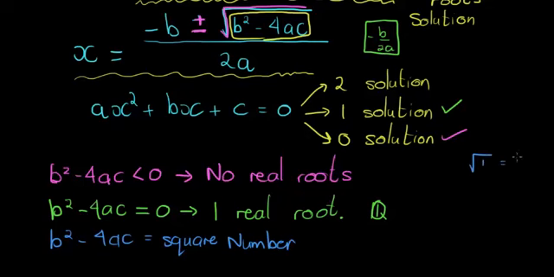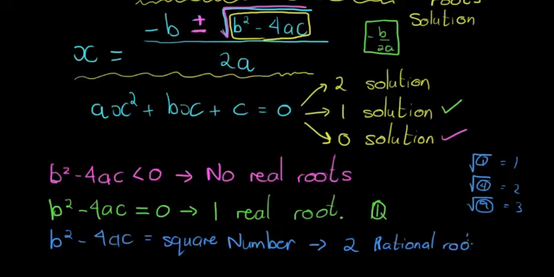Square root of 1 is 1, square root of 4 is 2, square root of 9 is 3. These are square numbers. If I do get a square number, then I will have two rational roots, two rational solutions.